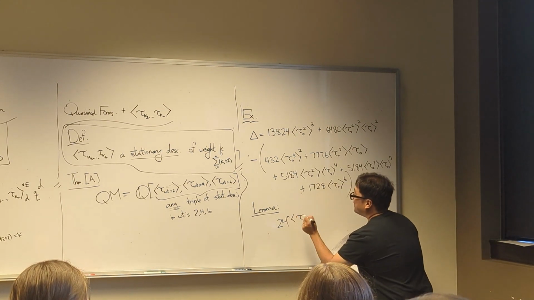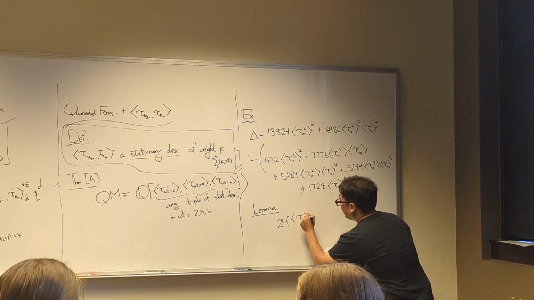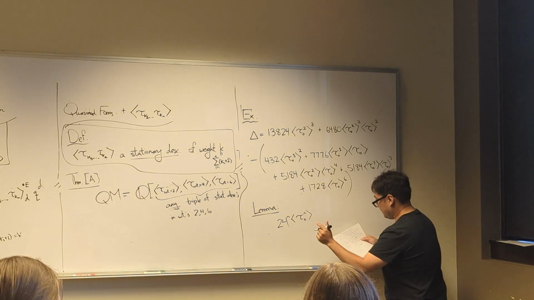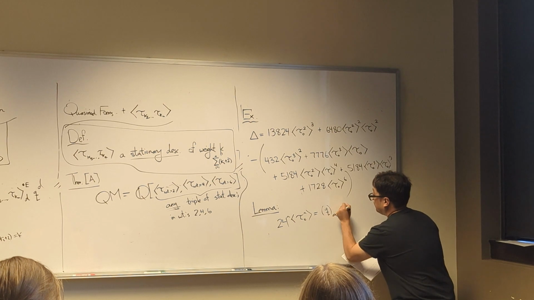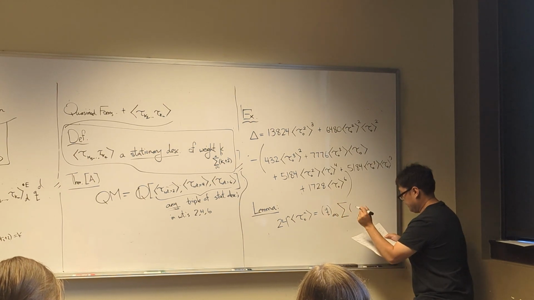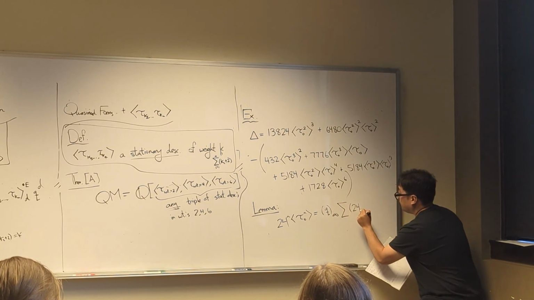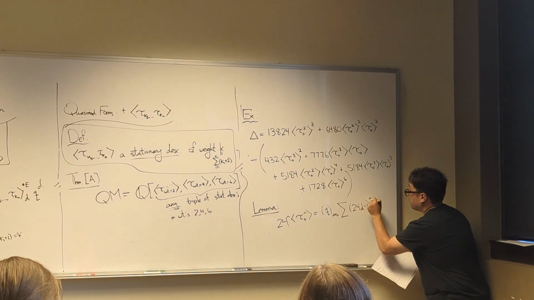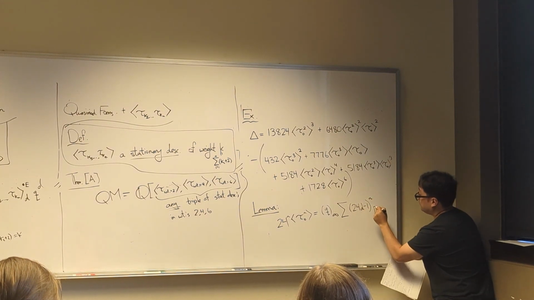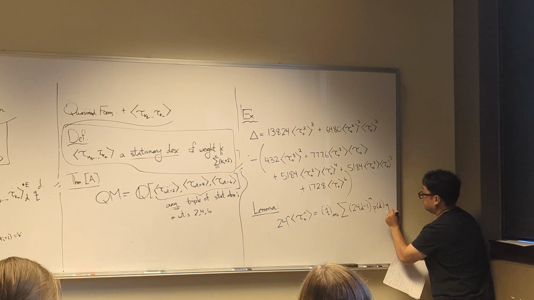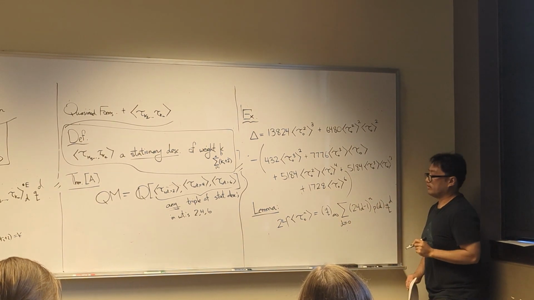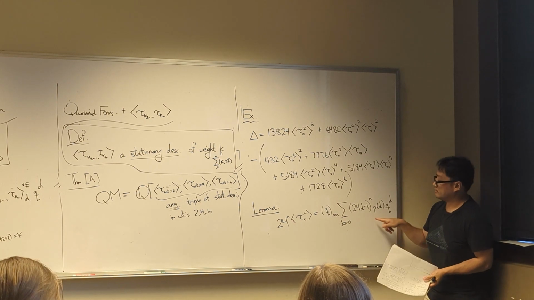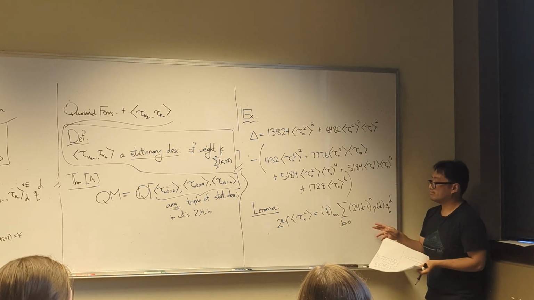So let's find out. It turns out that these stationary descendants happen to always be this. In other words, this is a little lemma, which I proved in my recent preprint.